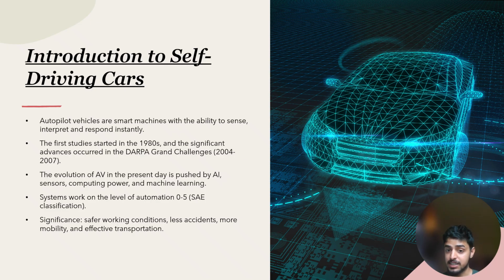Autonomous vehicles are classified from level 0 to 5, showing increasing level of autonomy. Today, self-driving cars are important because they aim to improve road safety, reduce traffic accident, enhance mobility for the elderly and disabled, and transform urban transportation. This set the foundation of our in-depth analysis.